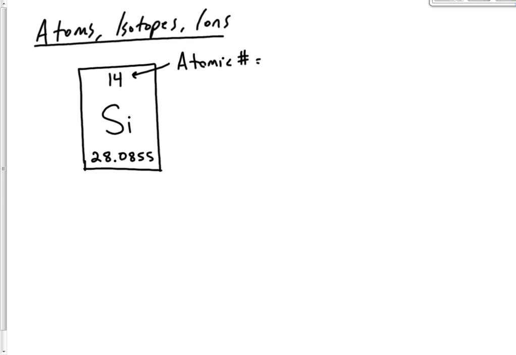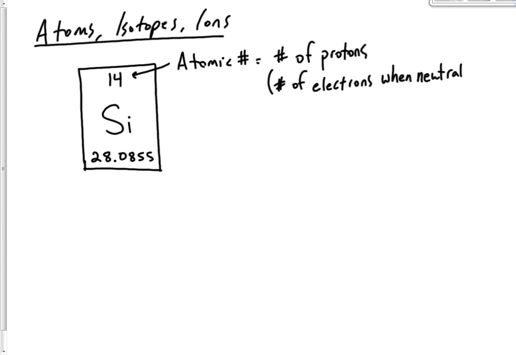Okay, and your atomic number is going to be the number of protons and electrons in a neutral atom. So basically it's the number of protons, and it's the number of electrons when neutral. So that top number is going to tell you that.